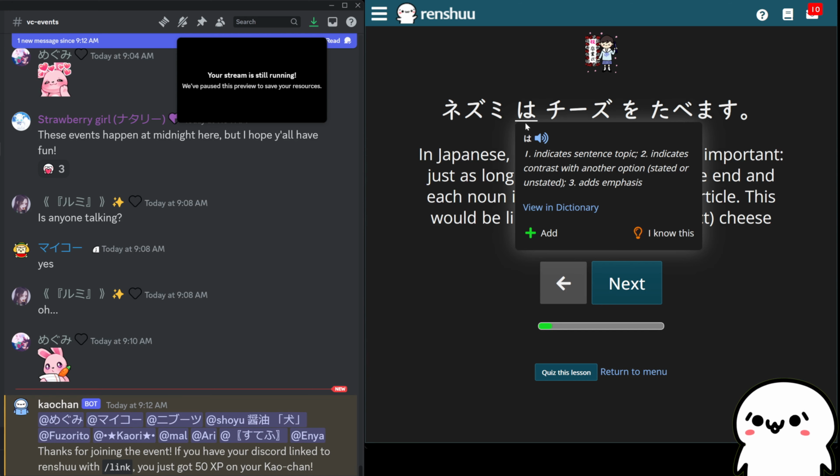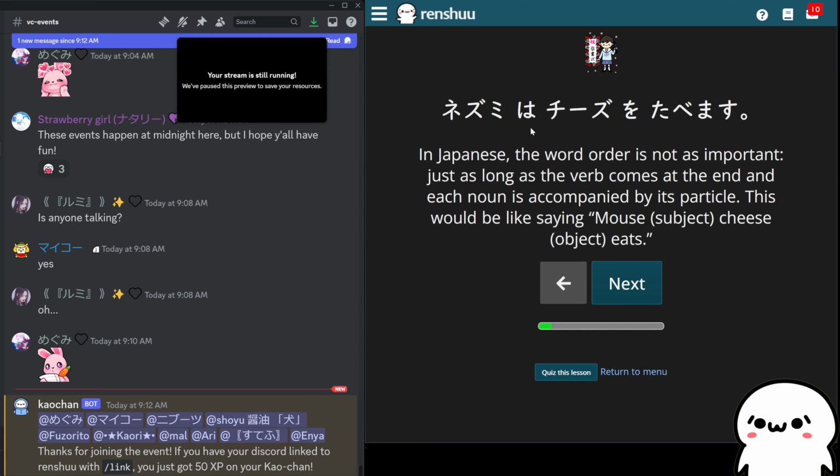So just remember, they are signposts. The wa doesn't mean anything by itself. You can't look at the wa and say, oh, it means banana. It doesn't mean banana or anything else. It's a signpost, and always remember, particles point to the left. So they always come after the thing that they're talking about.